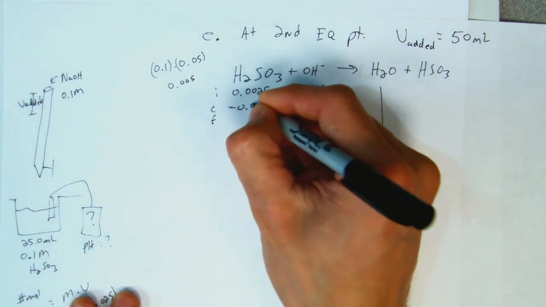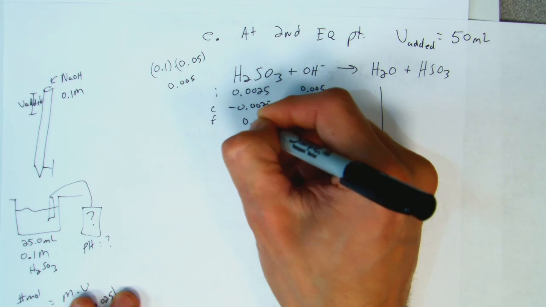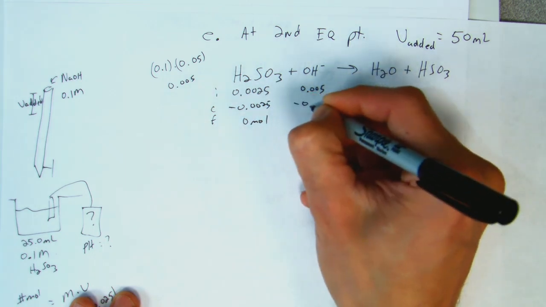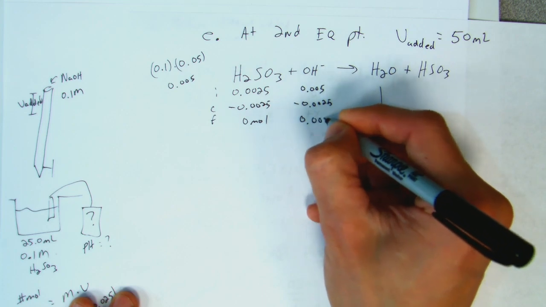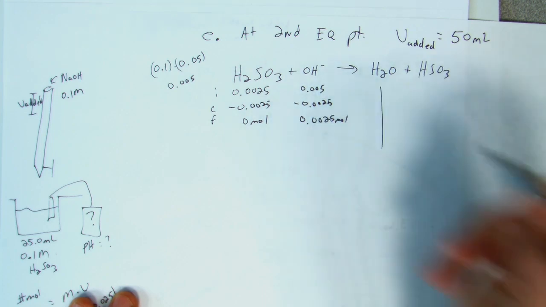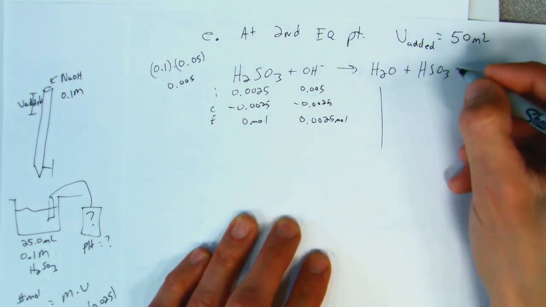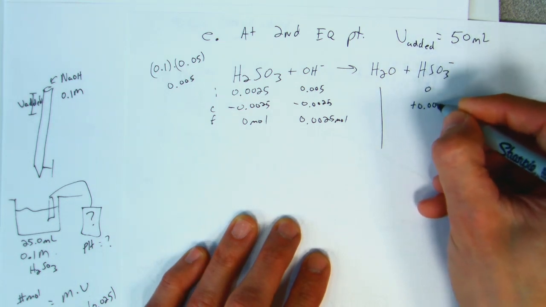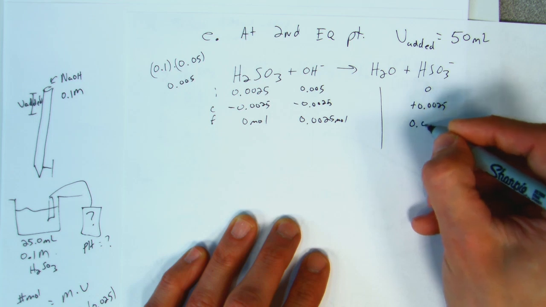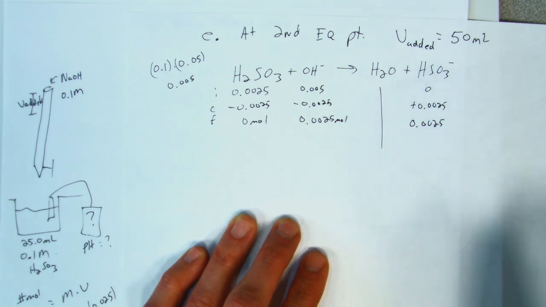I use up all of this, don't have any of it left. I use up half of this, and end up with 0.0025 moles remaining after that first proton is titrated. Start with 0, make 0.0025 moles, have 0.0025 moles.